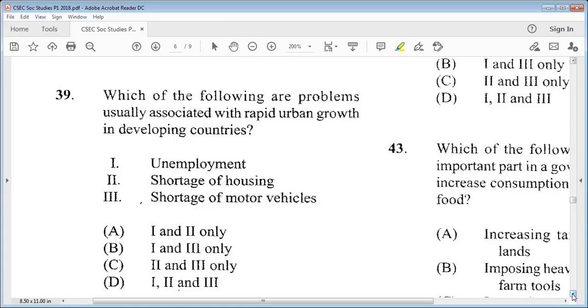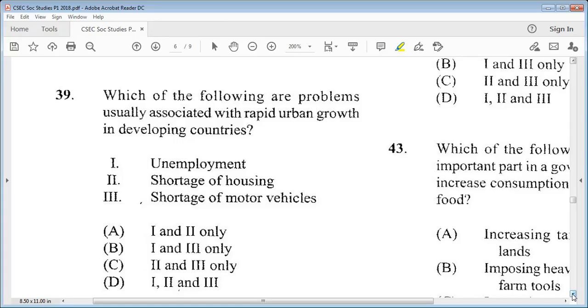So, 1, unemployment. Absolutely, that would be why someone would leave the rural areas, for employment. So 1 would be a part of our answer. So with using the method of elimination, we can take out C because C does not include 1.